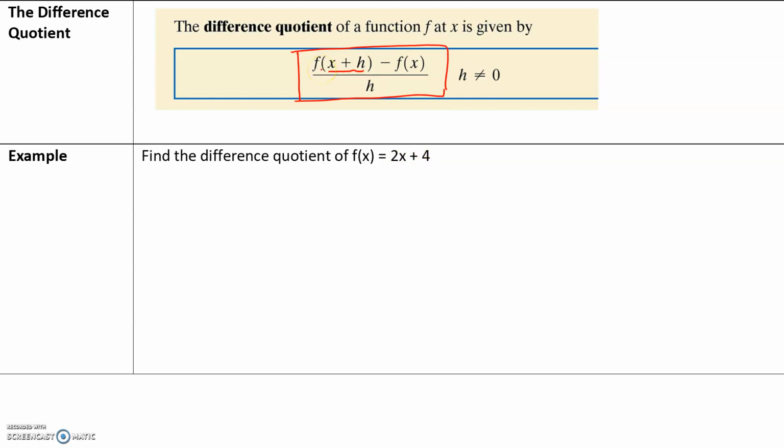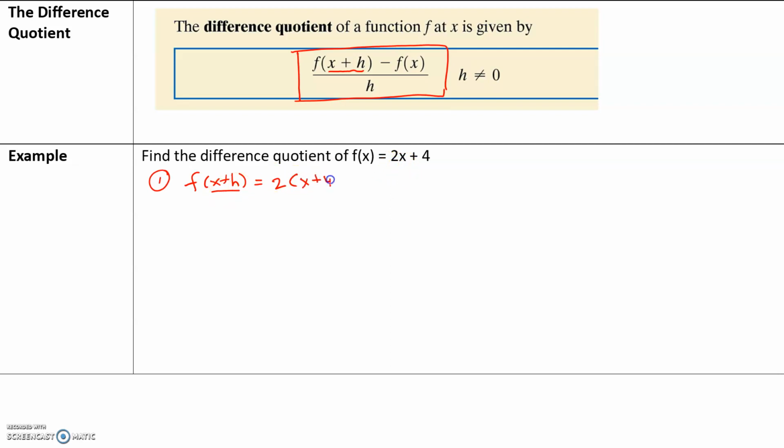So we want to break this up into three different parts. Part one, we want to find out what is f of x plus h. So once again, my parentheses contains the input. So my input is x plus h, which means in that expression 2x plus 4, every time I see an x, whatever's in the parentheses, the x gets replaced with that input.